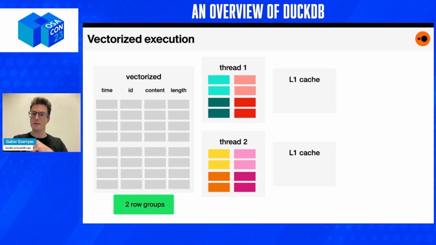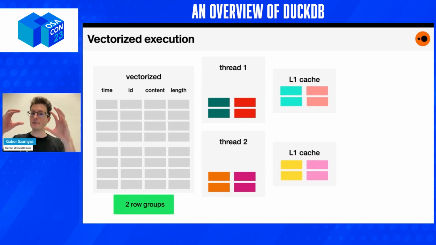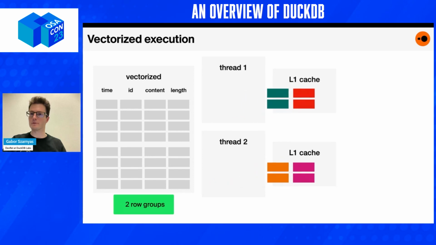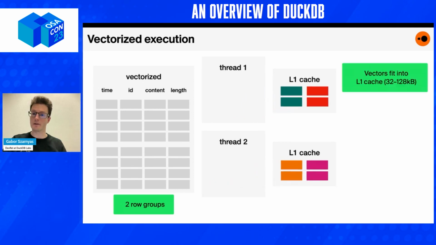And the nice thing is that because we have roughly 2,000 tuples in a vector, these fit neatly in the L1 cache, which is now 32 to 128 kilobytes, which makes it very cache friendly, very pipelining friendly, and in general, it allows us to skip most of the random accesses.